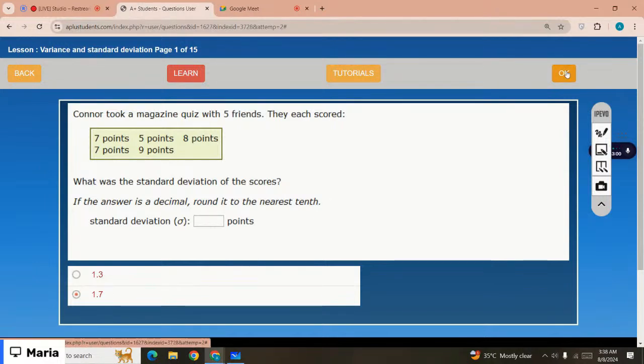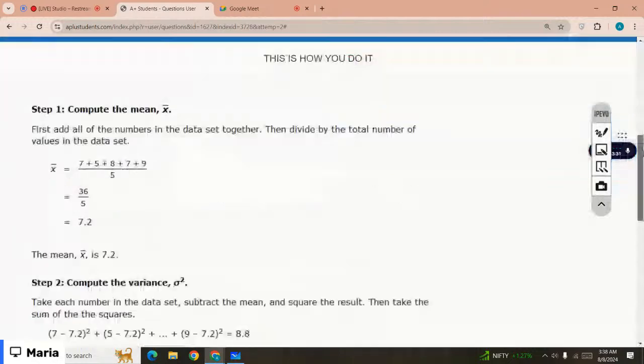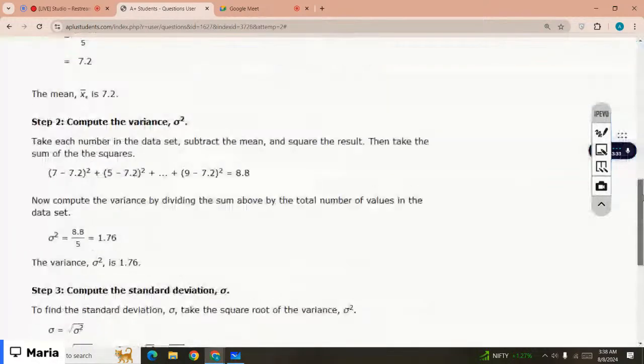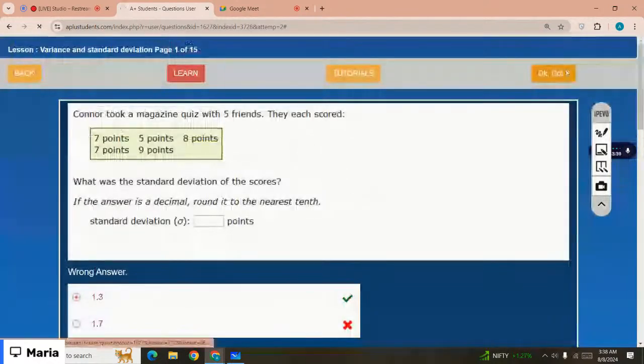Option number 2 is the correct option. One 1.3? How? Oh, you have to calculate a square root, right? I forgot to do the square root. That is 1.3, right? So option number 1 is the correct option.